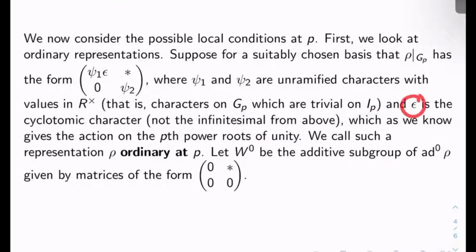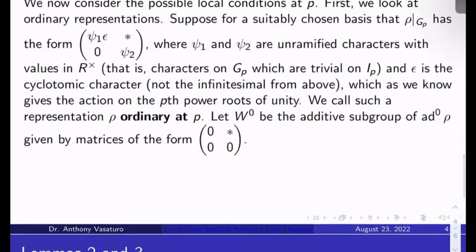And epsilon is the cyclotomic character, which gives the Galois action on P-power roots of unity all at once. We'll call such a representation rho ordinary at P. This is a definition I've given before, quite long ago by now. And then we'll look at W0, the additive subgroup of ad zero rho given by matrices of the form (0, star; 0, 0), so they're strictly upper triangular.